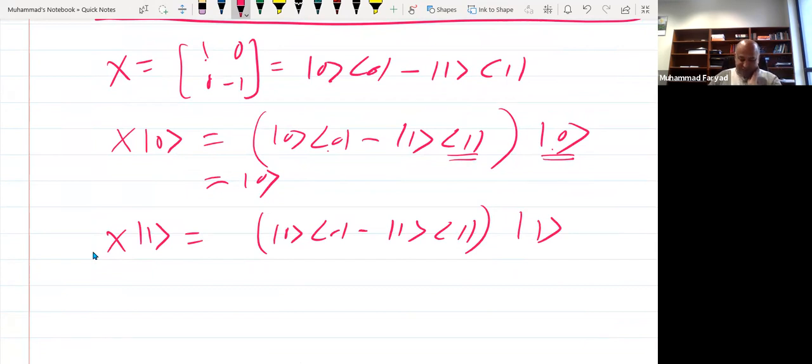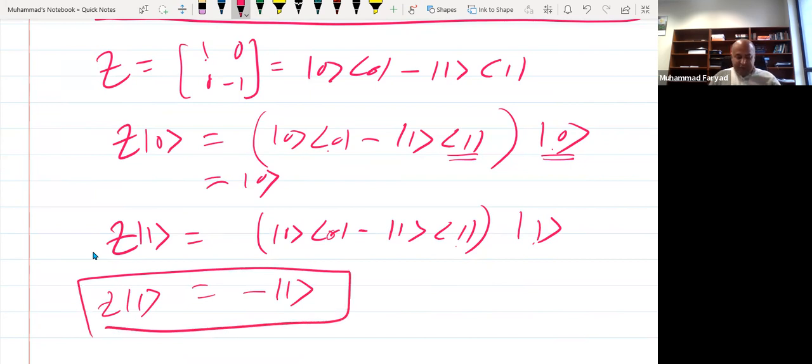My apologies. Thank you very much. This is actually the Z gate that I was talking about. So the Z gate doesn't do anything to the |0⟩ state. And when it is applied to |1⟩, this 1 into 1 is 1. And this 1 into 0 is 0. So I'm left with this thing.